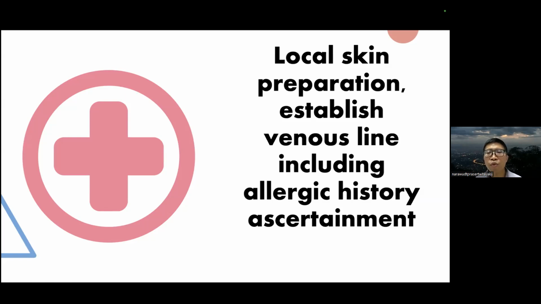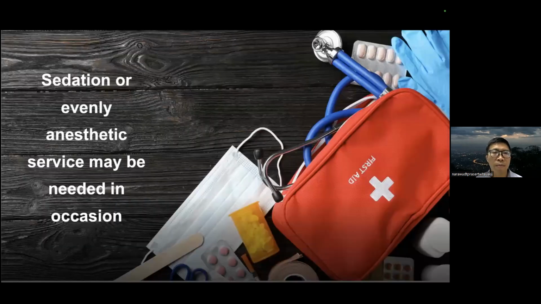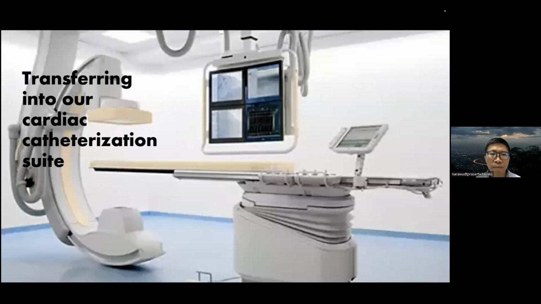And allergic history may be reassessed to ensure that we will give you the best treatment. Sedation or even anesthetic service may be needed. Anesthesia can be made on occasion, and if you consider that you really need it, please don't hesitate to give us your concerns. We will try our best to arrange it.